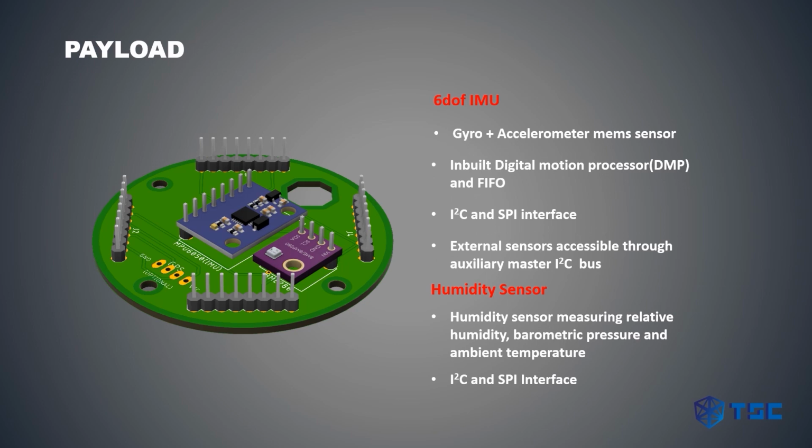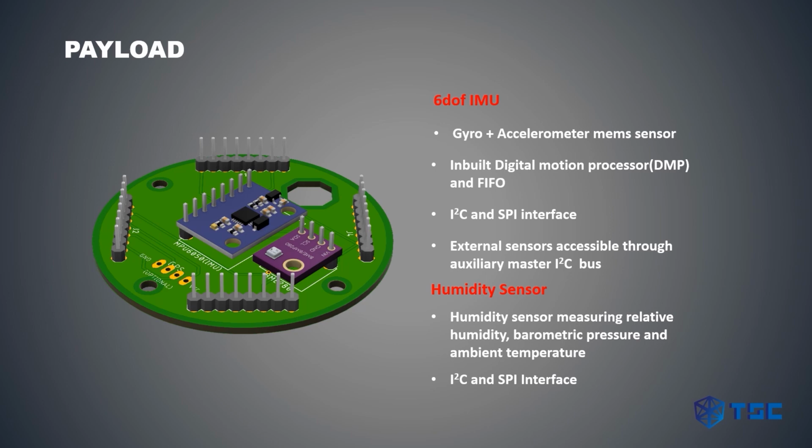An experimental payload is also provided with the kit. The payload comprises a 6 degree of freedom IMU and a humidity sensor. The IMU is a combination of a 3-axis gyro and a 3-axis accelerometer MEMS sensor. It has an inbuilt digital motion processor, DMP, and FIFO to process the data from the sensor.